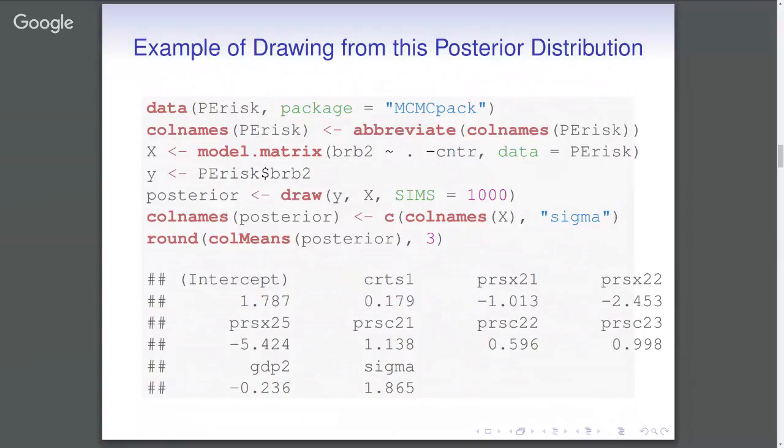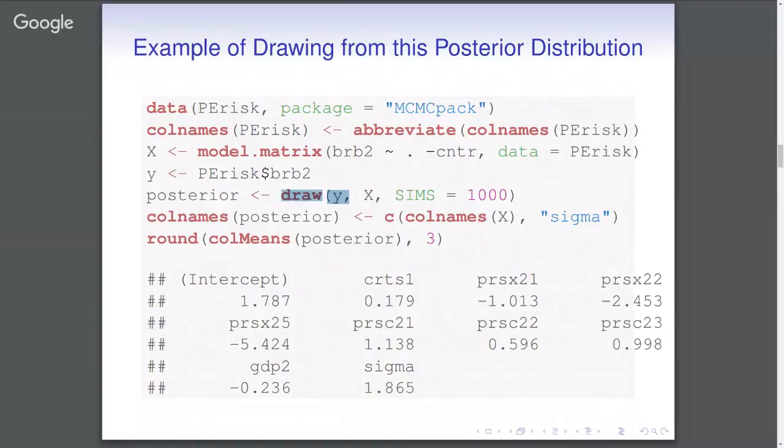I'm going to use as predictors all the variables in that data set except the country name. So this is cross-sectional data. If we had data over time, then I might actually condition on country dummy variables. But in this case, it's just cross-sectional.